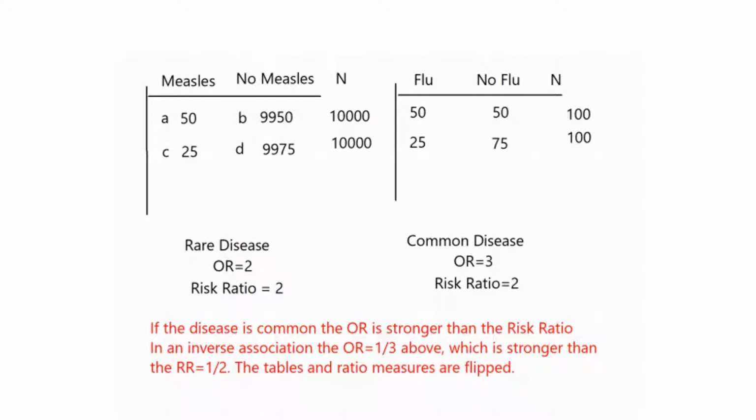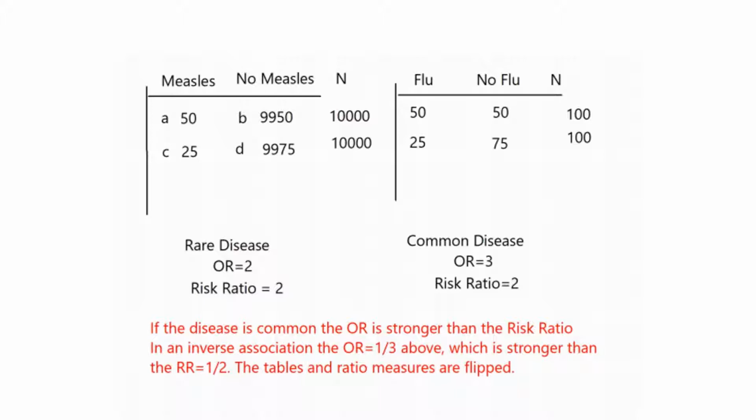Just keep in mind, if the disease is common, you'll have a situation like what you have on the right, and you might still decide to do a cross-sectional study for different reasons. So think about, does a cross-sectional study make sense? How challenging is it to do a longitudinal study, even if it is a common disease? Do you have the resources available?